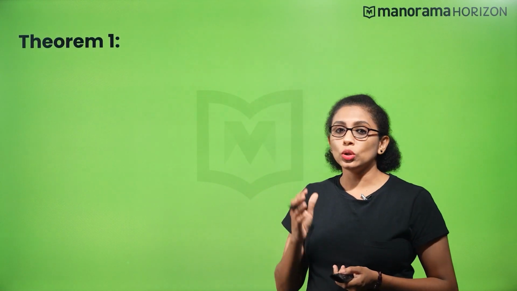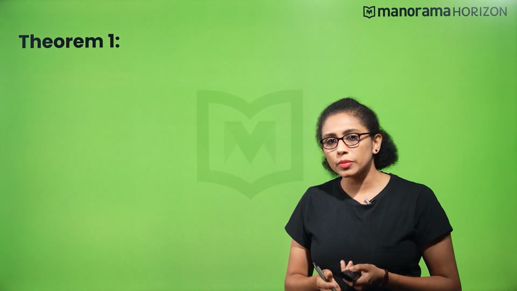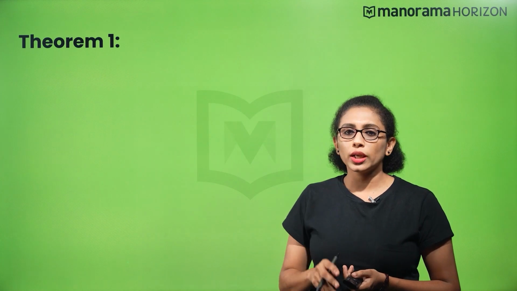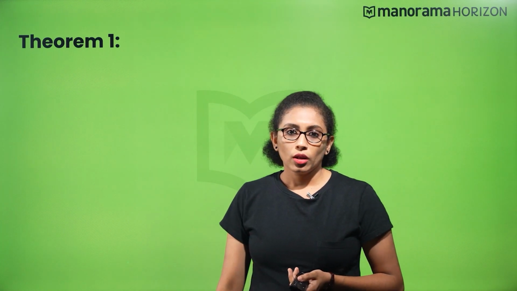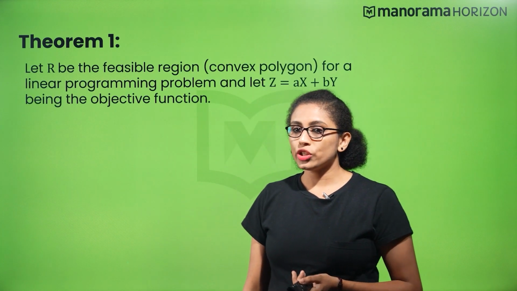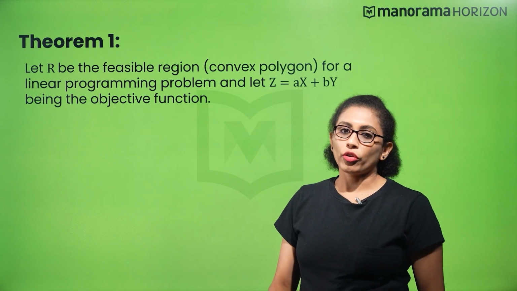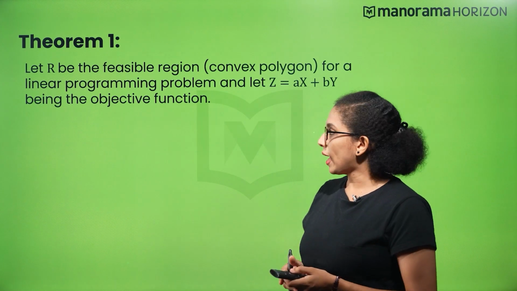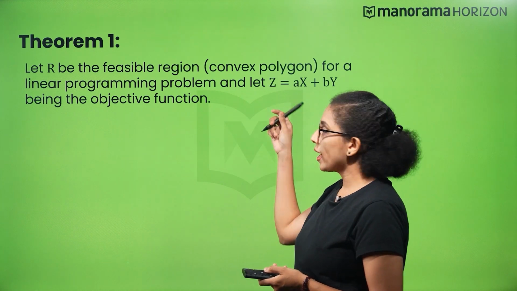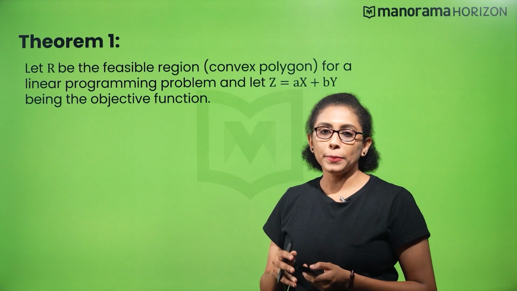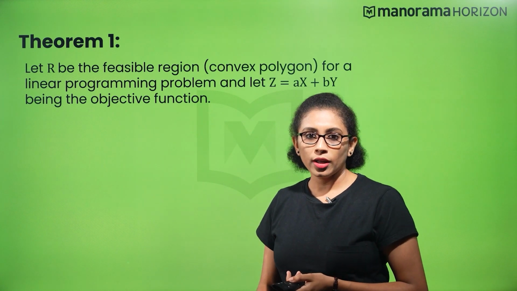Now, how to determine the optimal solution out of all these feasible solutions? These two theorems will take you there. The first theorem: let R be the feasible region for a linear programming problem and let Z equal Ax plus By be the objective function.